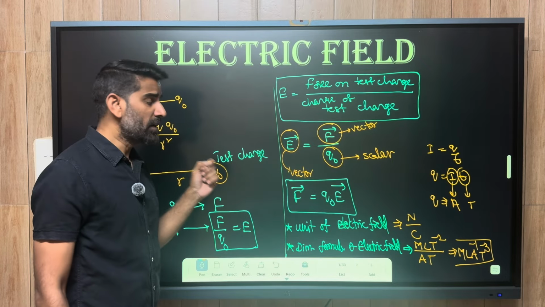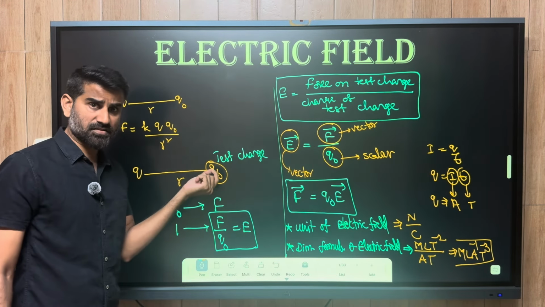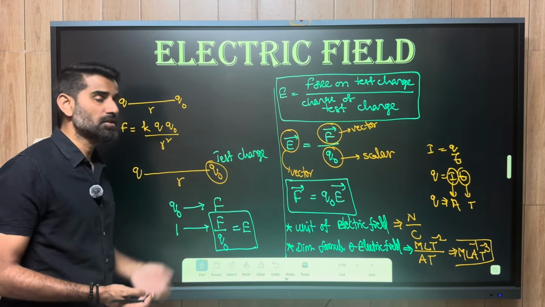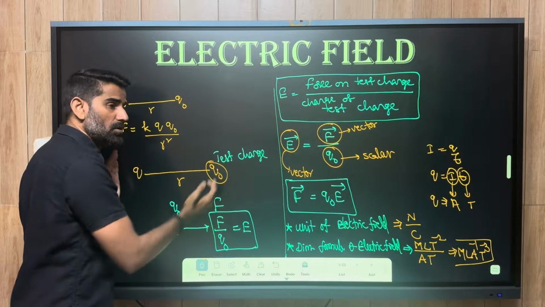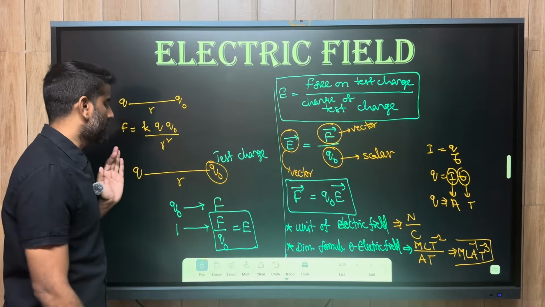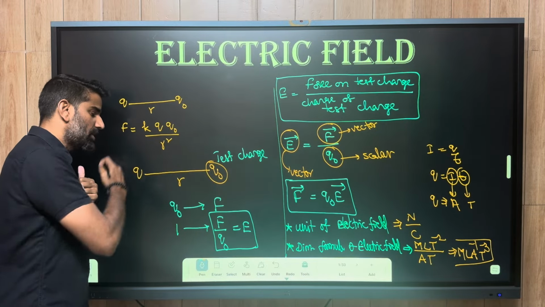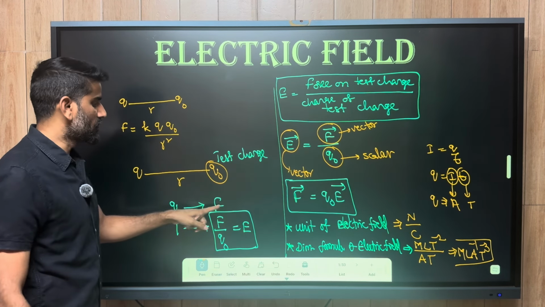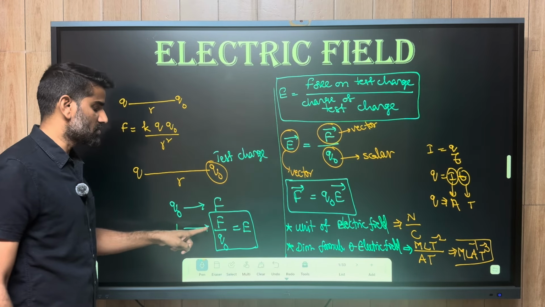So the main key points that we have discussed in this slide: Q naught is a test charge. Why are we calling it a test charge? Because we are testing the force on this charge. We are bringing this charge into the field of the other charged particle. This field of the charged particle is exerting a force on Q naught. That force is F. Per unit charge, what is the force?